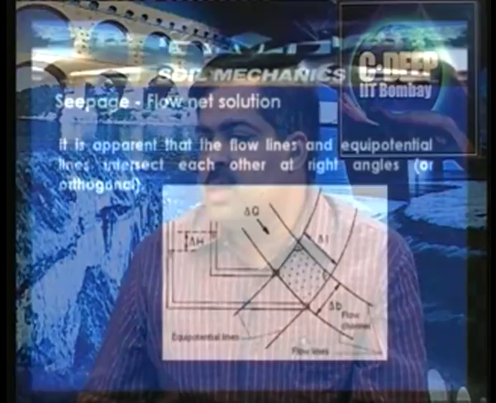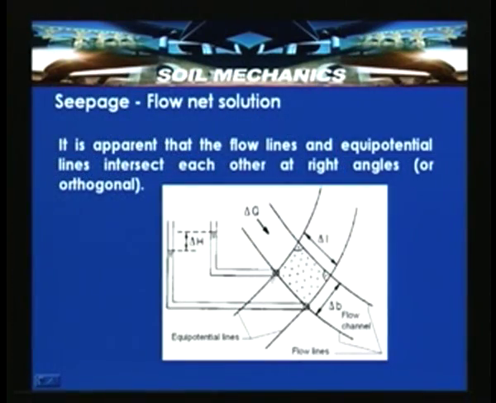So, here in this slide, this is a streamline which is shown here, and delta B is the distance between two streamlines or flow lines. The distance between any two flow lines we described as the flow channel.